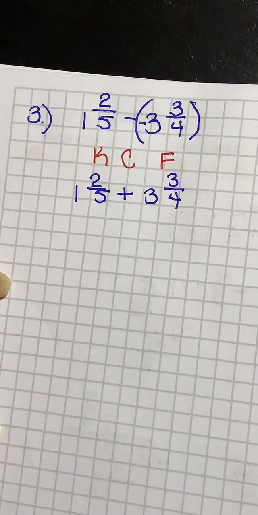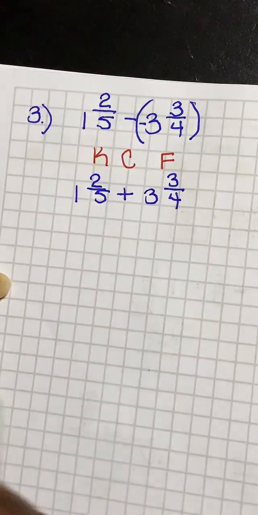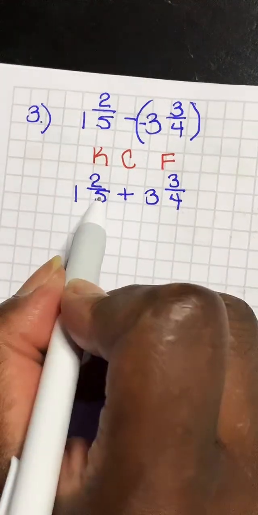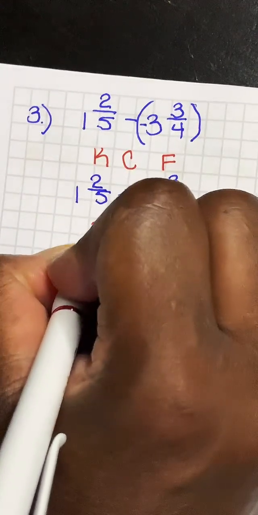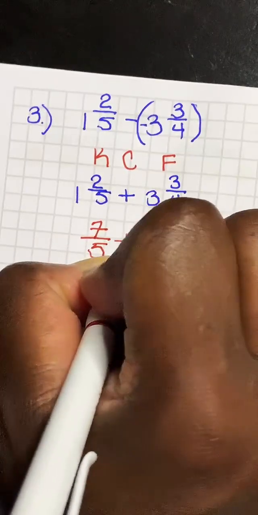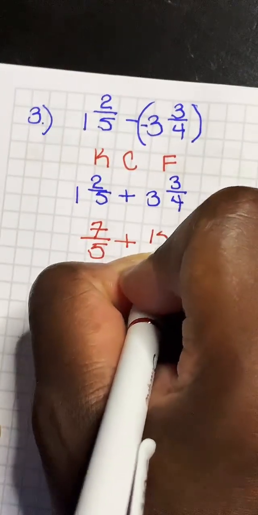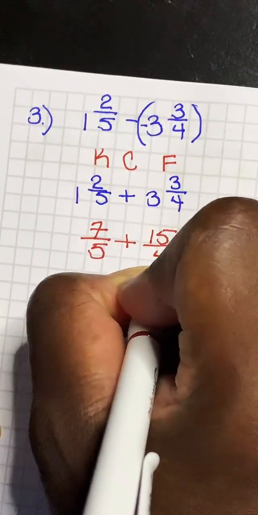So now we need to change these mixed numbers to improper fractions. So 5 times 1 gives me 5 plus 2, that gives me 7. So that would be 7/5. Plus 4 times 3, that's 12. 12 and 3, that's 15 over 4.